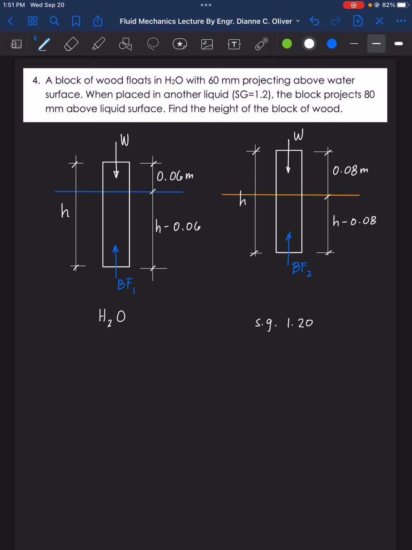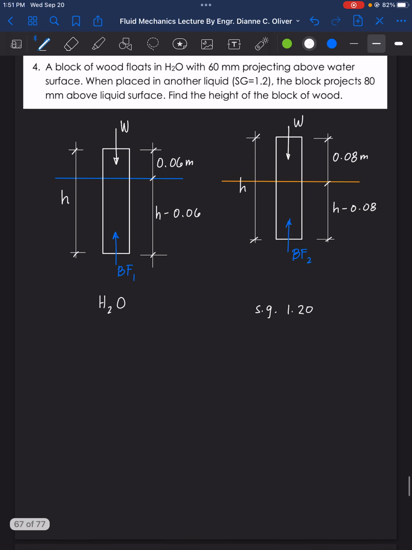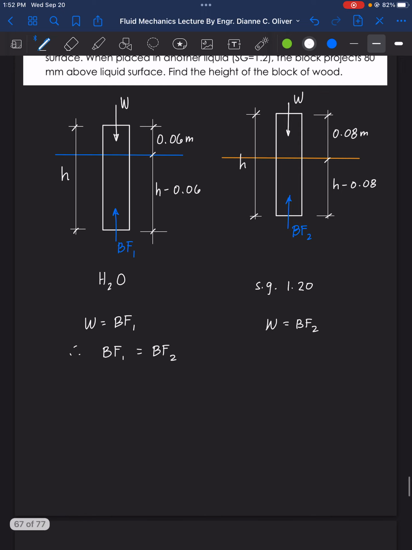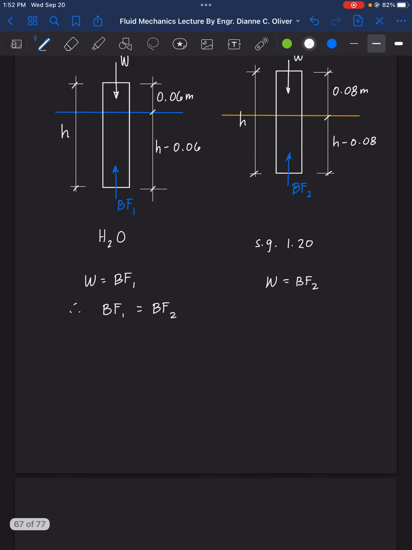Now since we have the same W, summation of forces vertical gives W equal to buoyant force 1, and W equal to buoyant force 2. Therefore, buoyant force 1 is equal to buoyant force 2. So we need the gamma of the liquid.